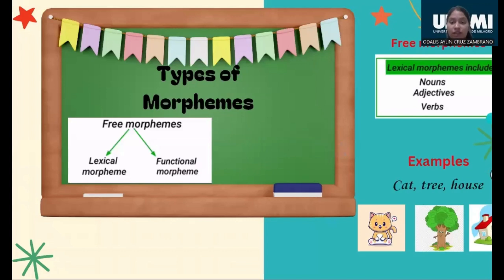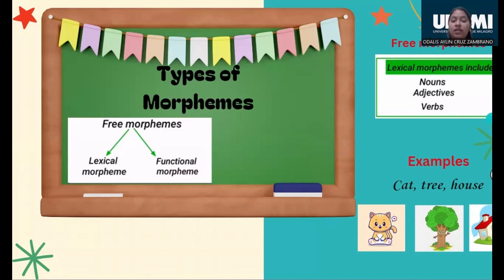Hi, my name is Odavis, and I'm going to talk about the types of morphemes. A morpheme, do you remember? It is the smallest part of a word that has meaning, okay? Free morphemes can stand alone as a whole word. There are two types: lexical and functional.